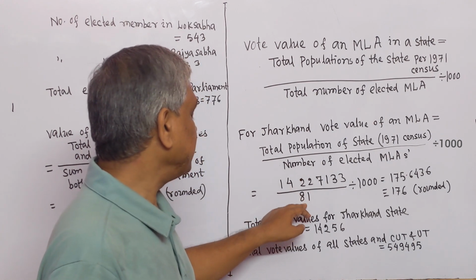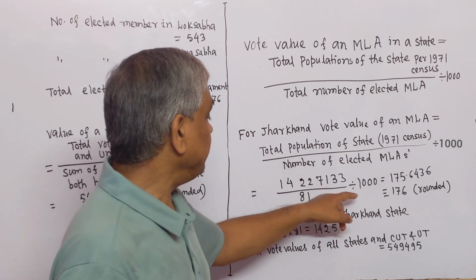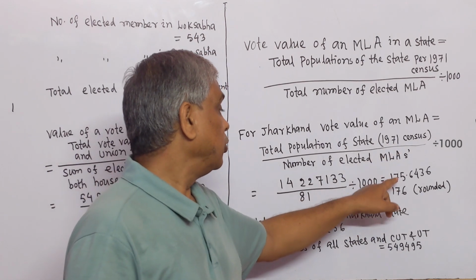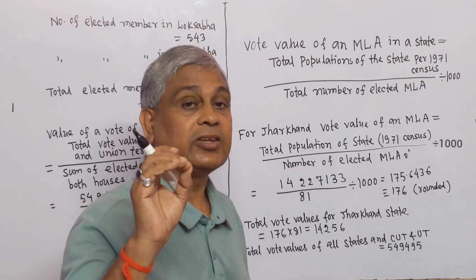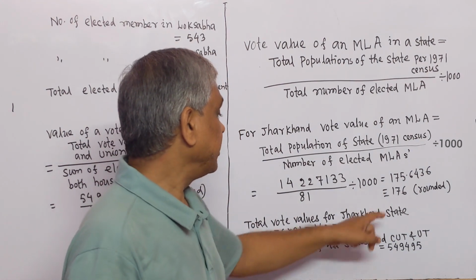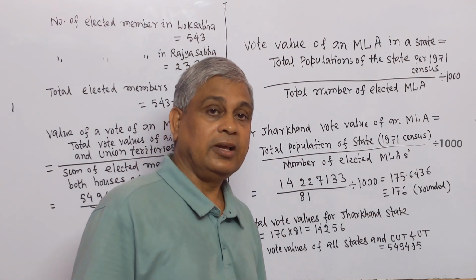Now we divide this and again divide by 1000 and we will get 175.6436. In rounding figure, we get 176.